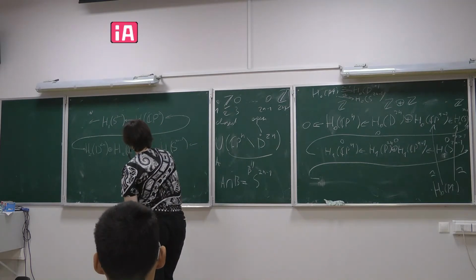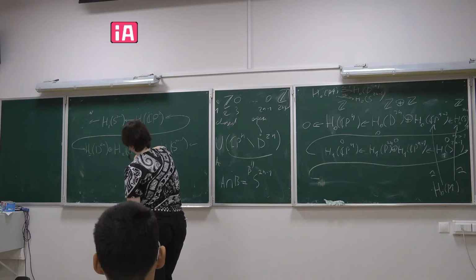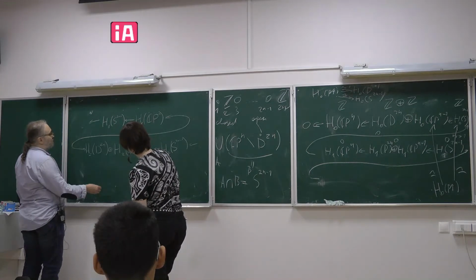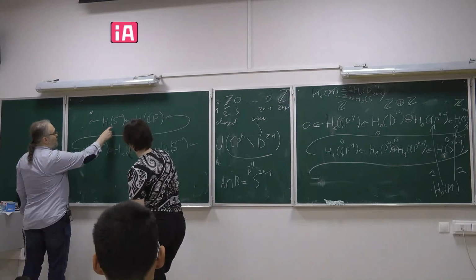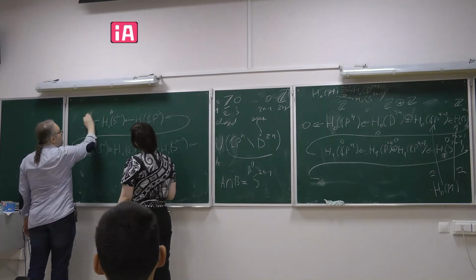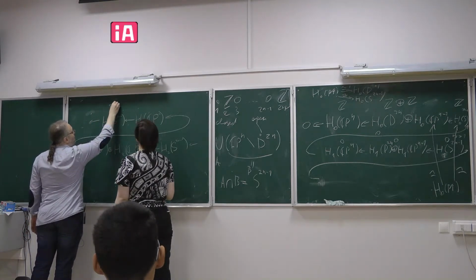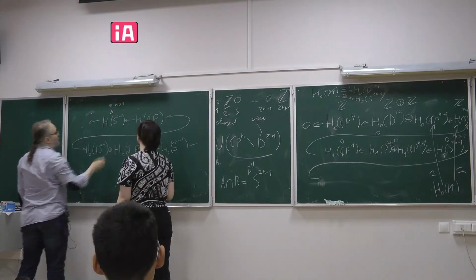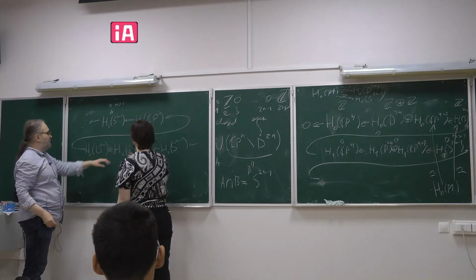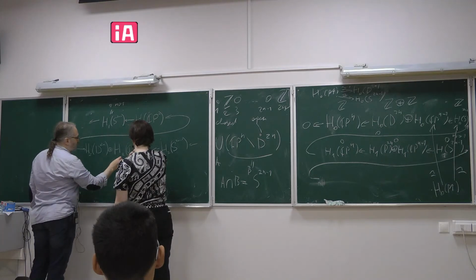By induction we know this is 1, right? Or sufficiently large. Okay, so first of all, let's start with this group. This one is 0 if n is greater than 1. This one is Z if n is greater than 1, I think.